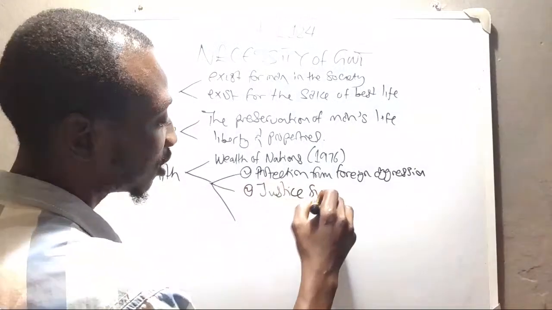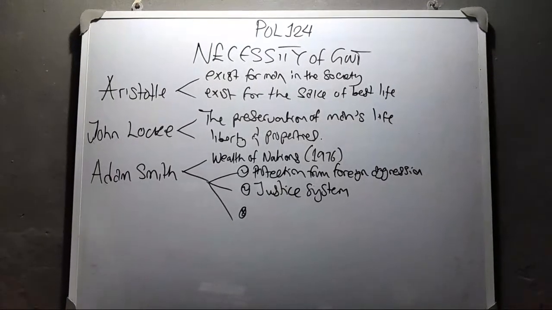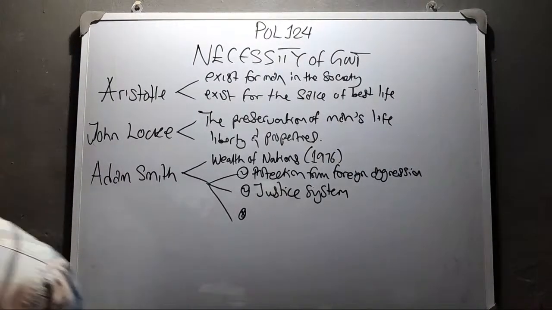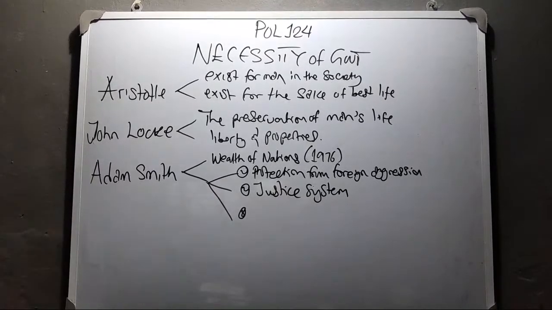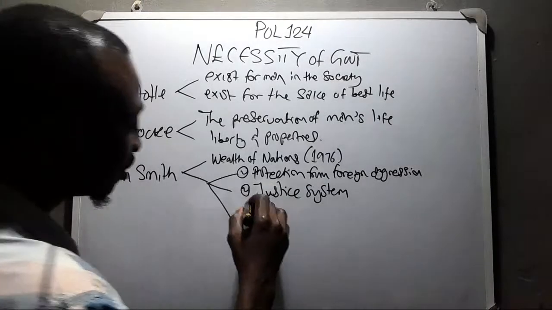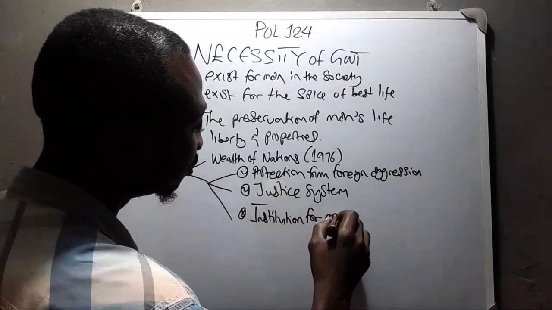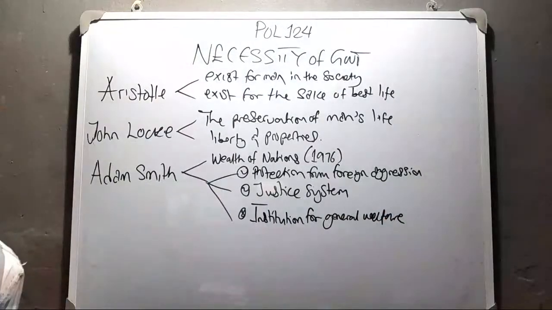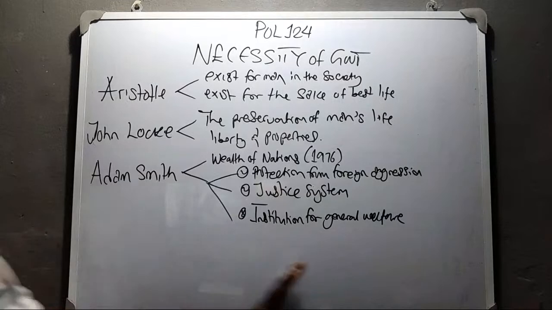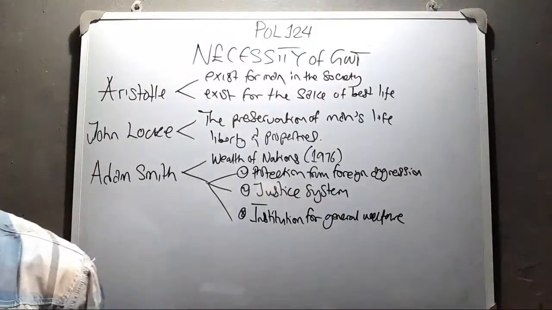And thirdly, he said establishment of certain public works and certain public institutions for general welfare. All right. So according to Adam Smith, this is what he opines. This is what he posits about government. So we have that is that.